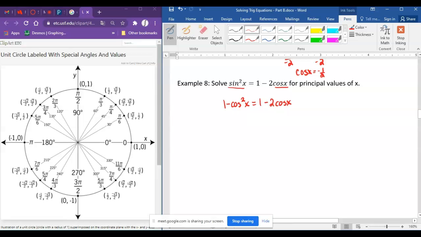So I would move everything to one side. If you subtract that 1 right there, it's actually going to cancel from both sides. I would add the cosine squared x over here to this side so that you get 0 equals cosine squared x minus 2 cosine x.